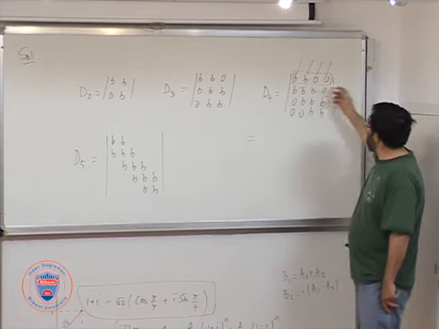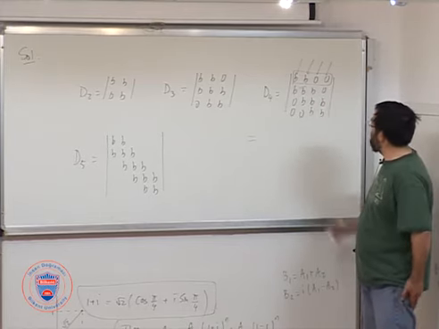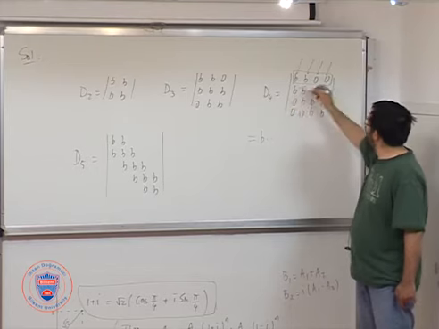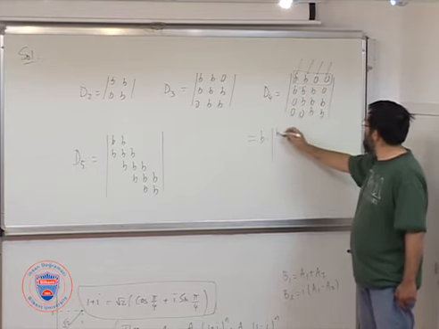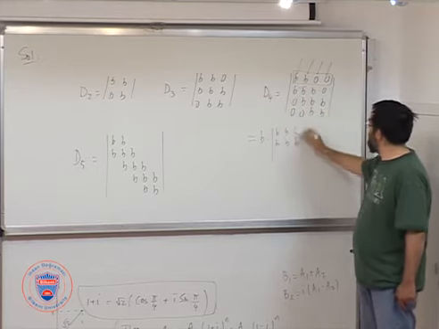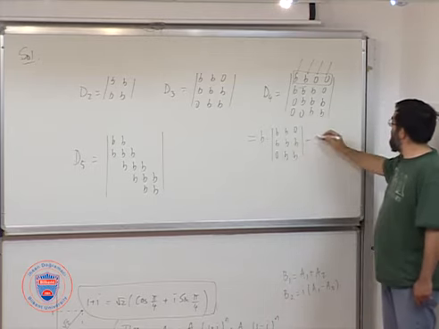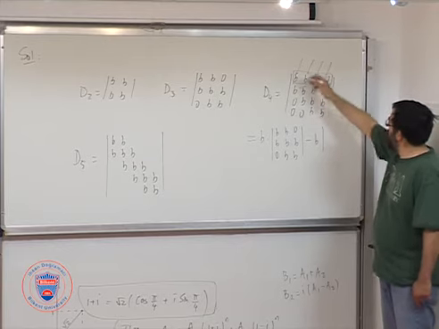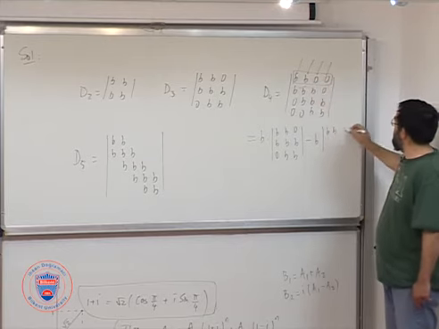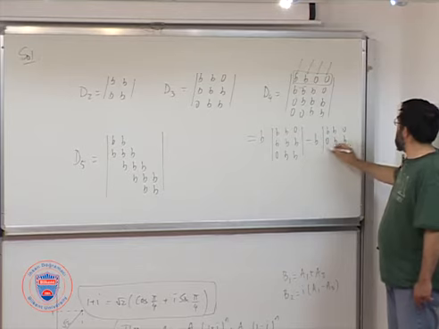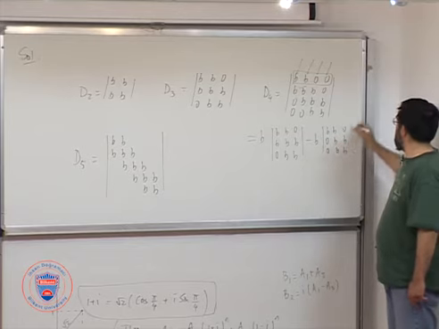If you use that expansion with respect to the row, you can see that this will be b times the determinant of what is left here. And then this will be minus b times, when you erase these things, you get this.